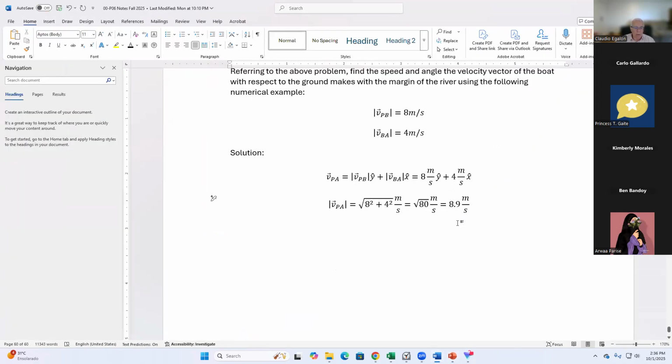Looking at the drawing and the resulting vector, the angle will be the following.